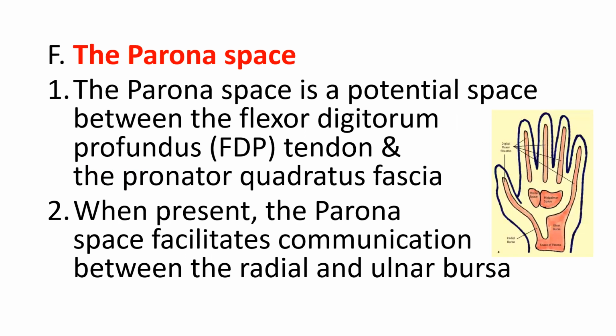It shows you the radial, which is extending from the flexor pollicis longus sheath, and you have the ring finger. You have a connection over here, and this is called Parona's space. And this is where the pus can become localized.